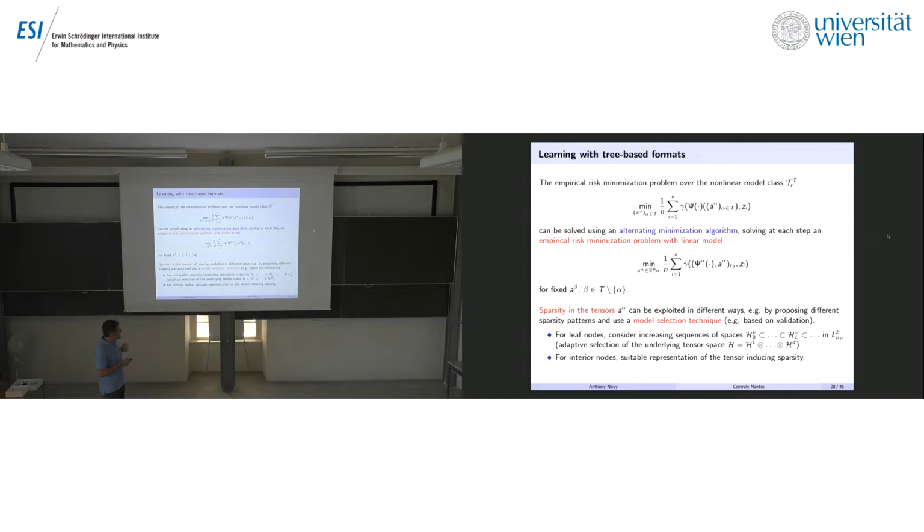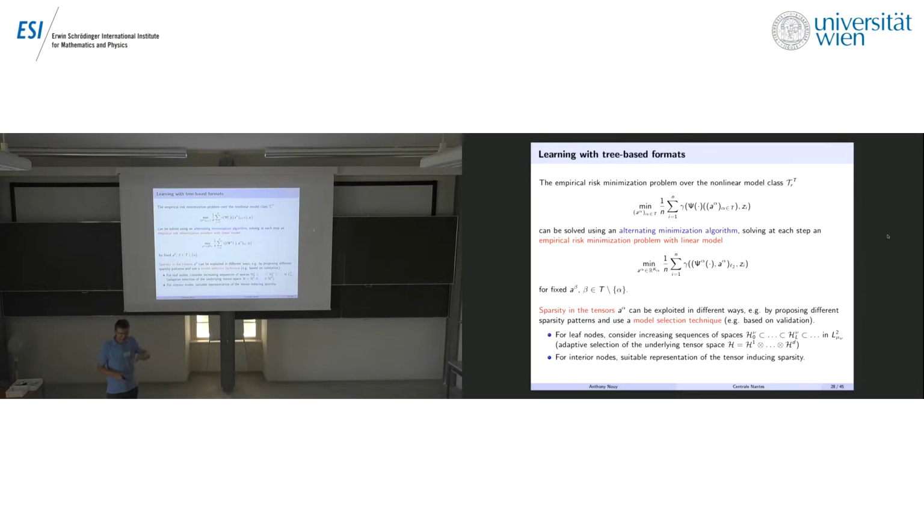We consider an increasing sequence of spaces at the leaf of your tree, and consider different approximations of increasing complexities, and we use standard model selection techniques. Here, in the example I will show, it's based on cross-validation, so it's a validation technique to select the model. You can have also other techniques based on the regularization of this empirical risk minimization and so on.